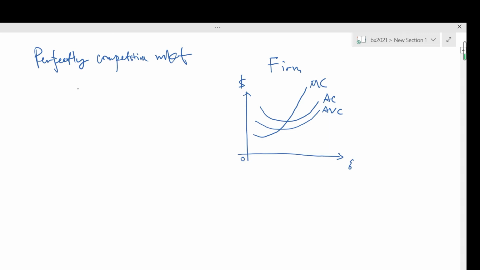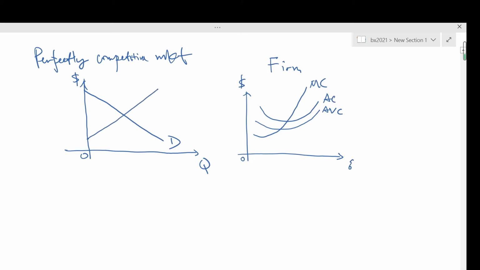So in this market, we have a market supply and demand. Demand is downward sloping, so that's the market demand, and supply is upward sloping, and we should know that this market supply curve is the sum of individual firms' supply curves.